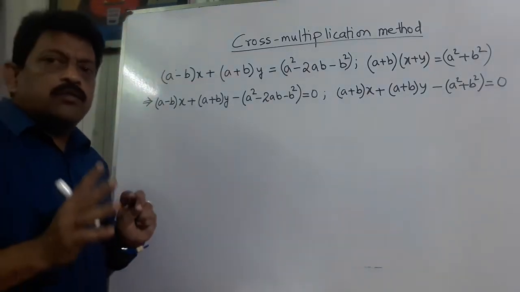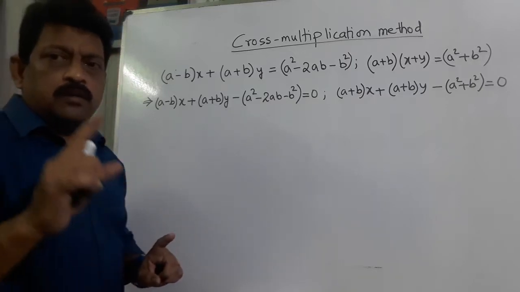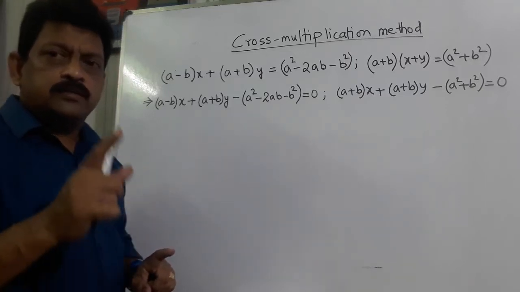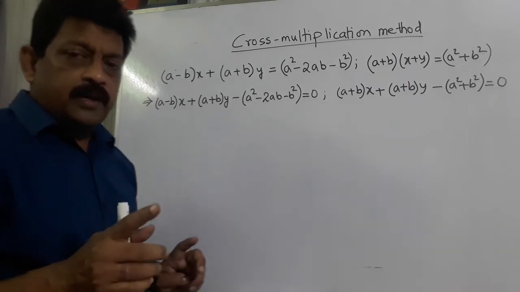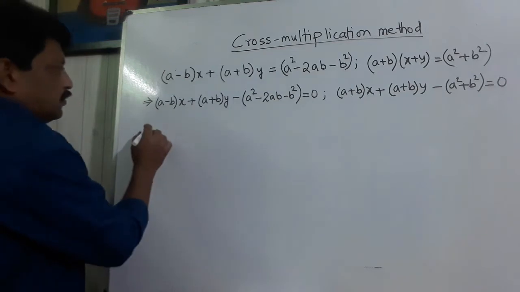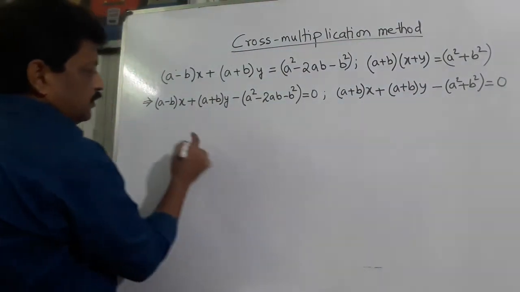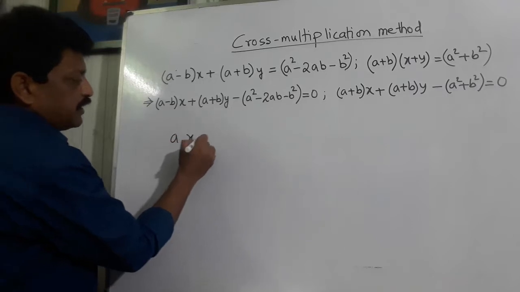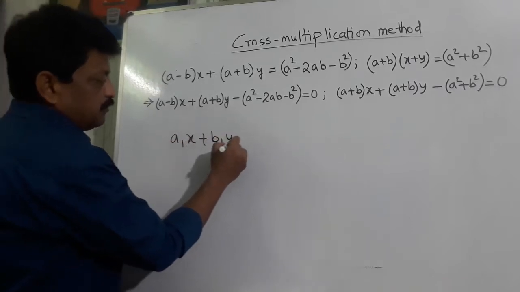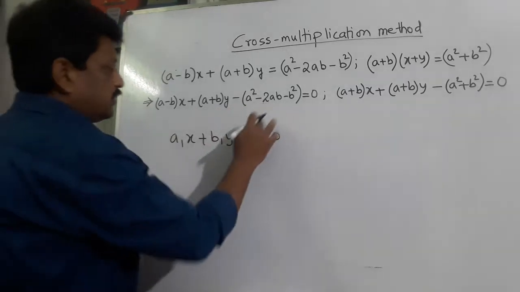So after that, what do we have to do? We have to write down the values of a1, b1, c1 and a2, b2, c2. Now if we compare this with the general form, you all know that the general form is a1x plus b1y plus c1 equals 0 for the first equation.